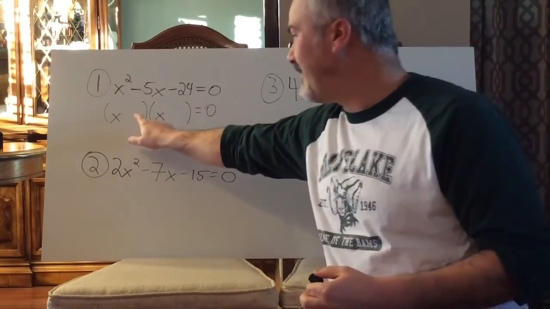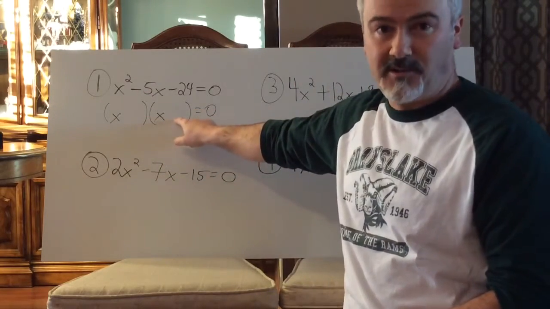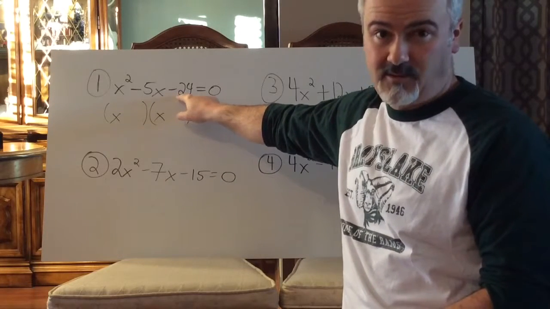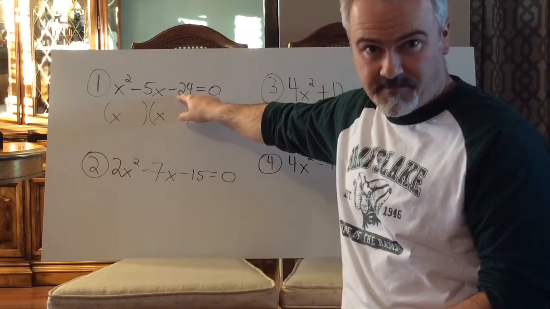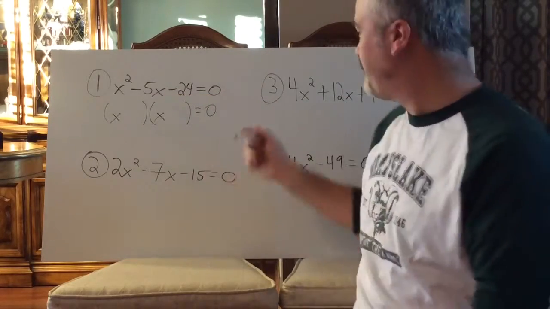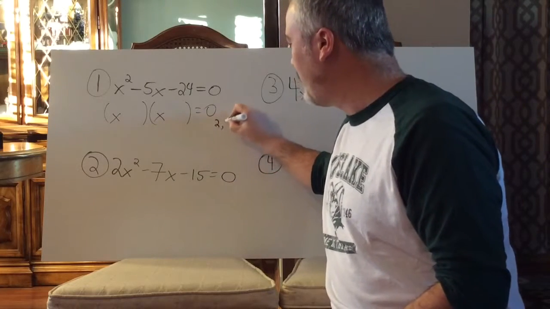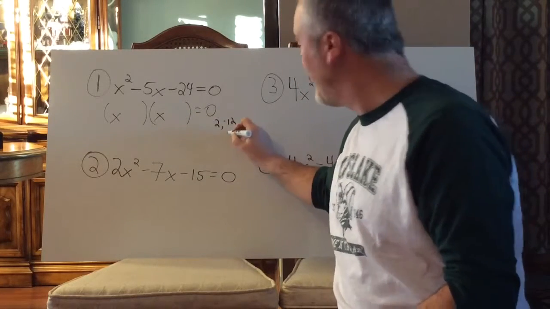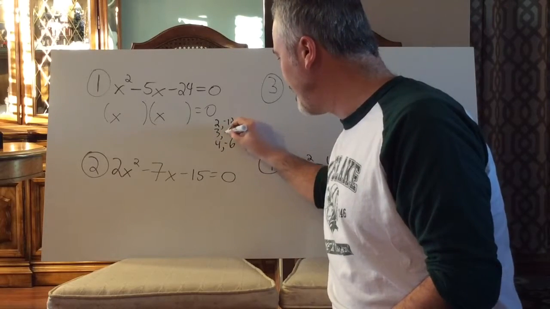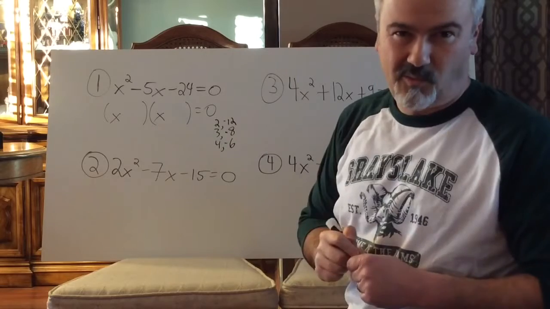Now, my last two numbers have to multiply to give me negative 24, which is my c value. There's lots of numbers that multiply to give me negative 24. For example, 2 and negative 12, 3 and negative 8, 4 and negative 6, even 1 and negative 24.